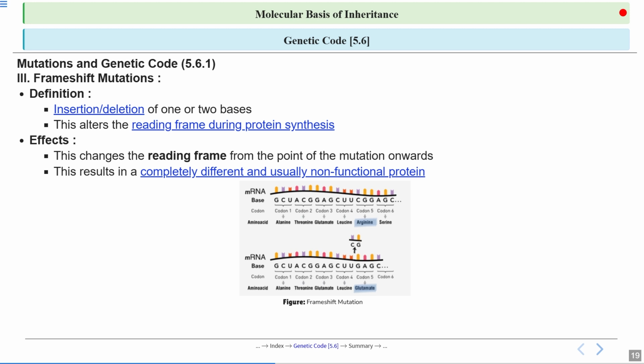Because of that, the reading frame, the three-letter codons we are reading, gets altered, resulting in a completely different and usually non-functional protein. Here one example is shown in the figure, but a later slide gives better examples. First we will understand it with a basic example, then we will understand the figure.